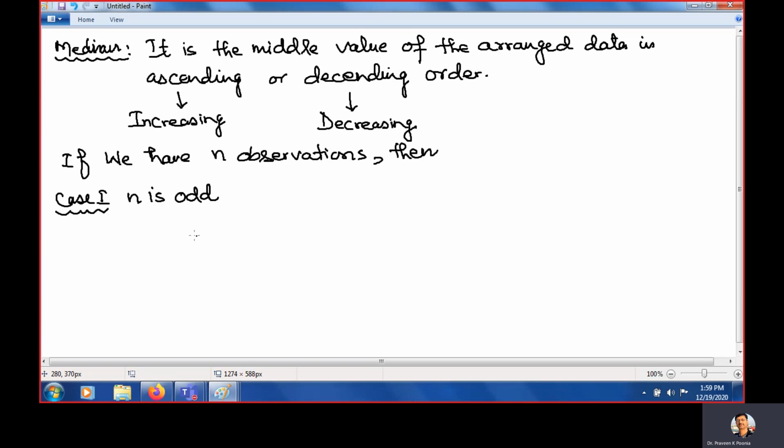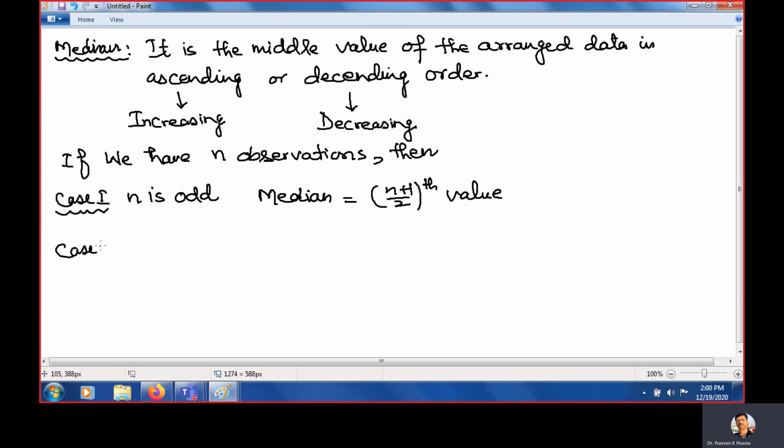Clear? So n is odd means the median will be the (n plus 1) upon 2th value. This is the median. Clear?